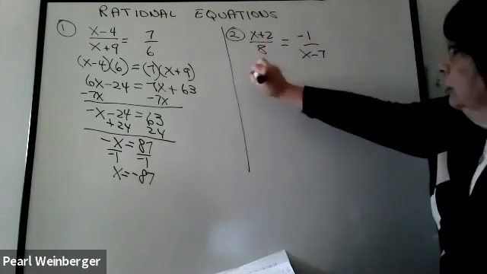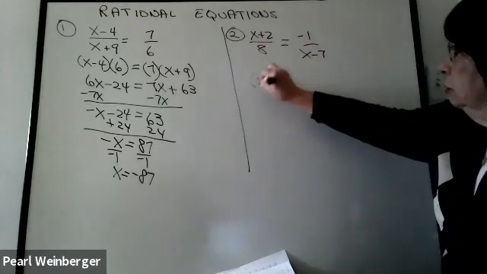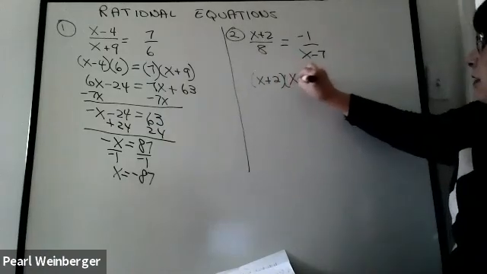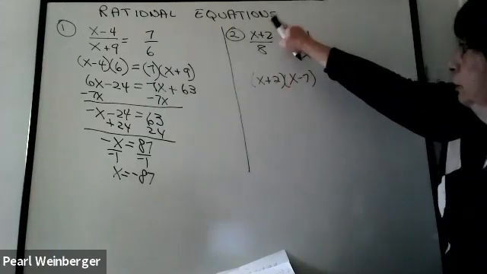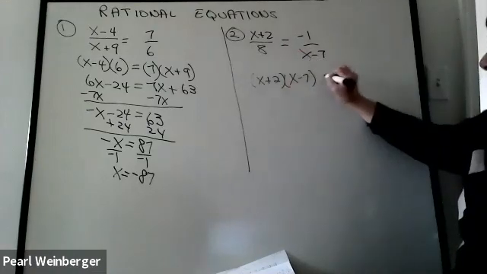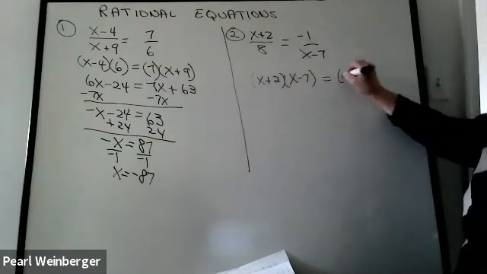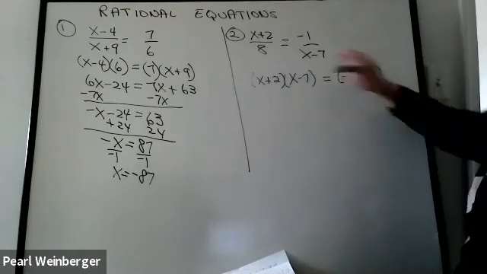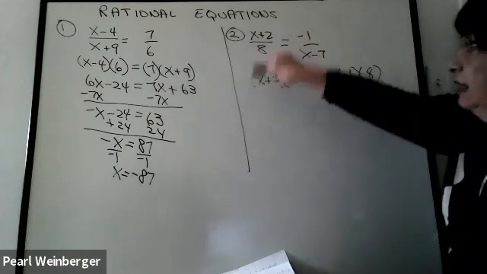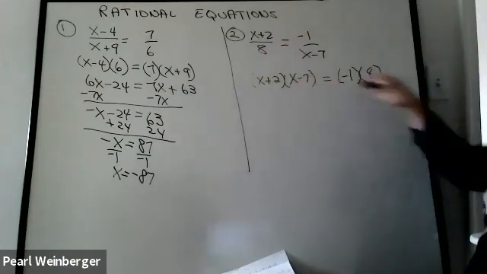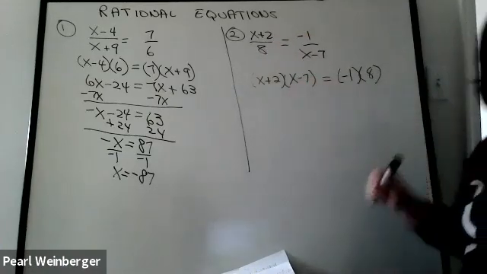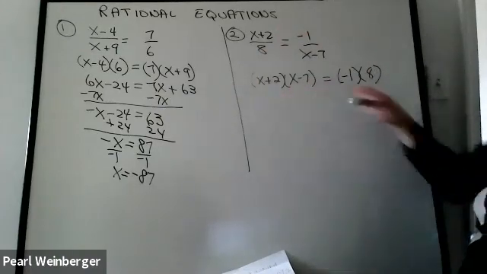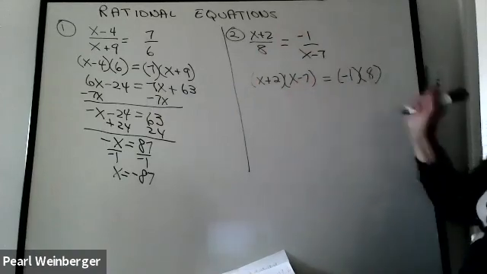So I'm going to do the x plus 2 times the x minus 7, first numerator times second denominator, equals -1 times 8. Remember, I don't put one over the other, I set them equal. Again, no fractions left, but we still have quite an equation to solve.